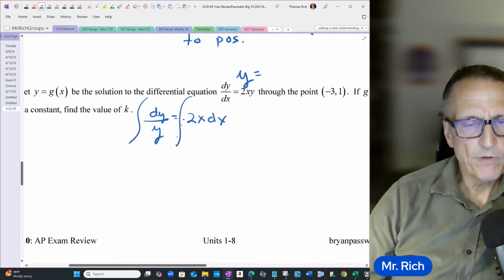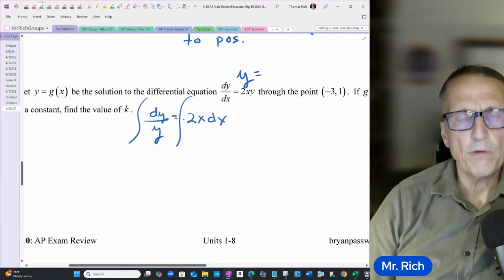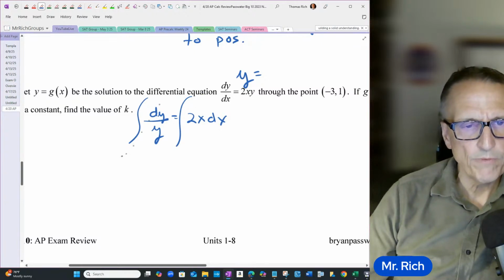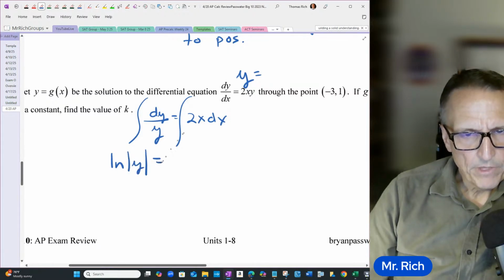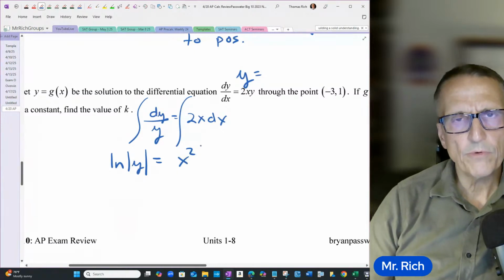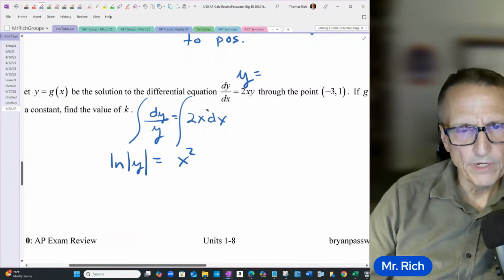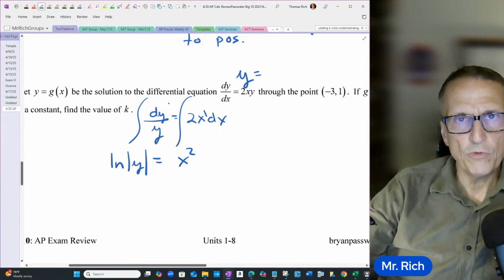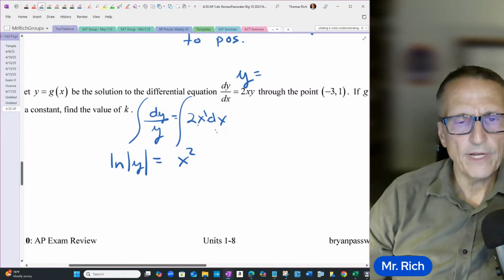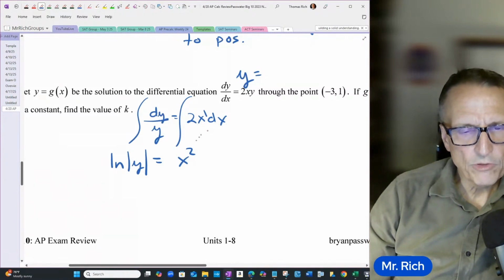We have to take the antiderivative on both sides. The antiderivative of 1 over y dy is the natural log of the absolute value of y. Over here, the antiderivative of 2x using the power rule, bumping the exponent, which happens to be 1, up to a 2, and then dividing by that new exponent gives me just x squared.